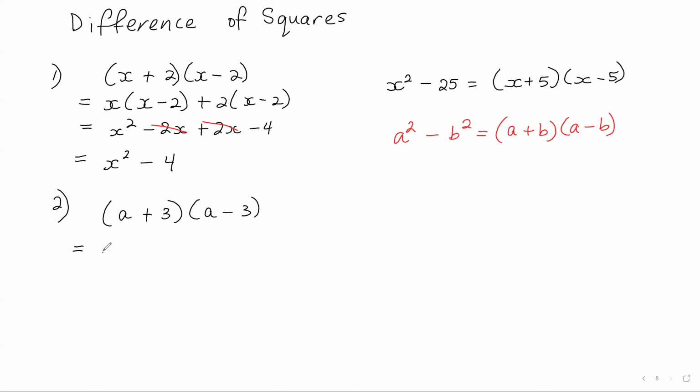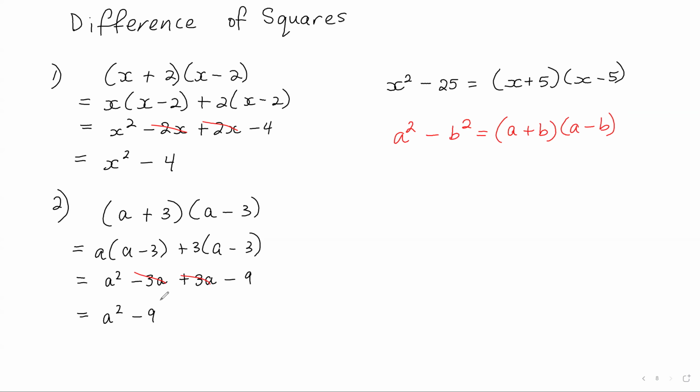Well, this would be a by a minus 3 plus 3 by a minus 3. So this will give me a by a, which is a squared. a by minus 3 is minus 3a. 3 by a is 3a. And 3 by minus 3 is minus 9. So these two will cancel, and you'll just be left with a squared minus 9.